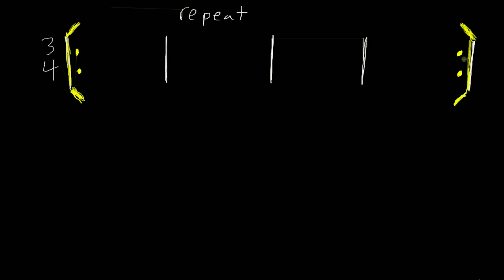Whenever you see a repeat like this, without any other instruction, it just means you play through it twice. I think you might get this a bit more once we start drawing the example. So let's make our example.